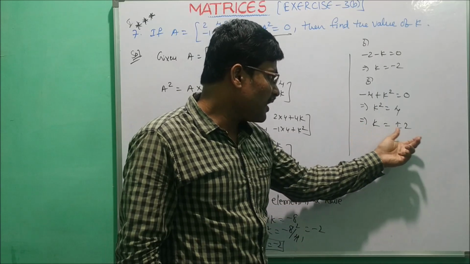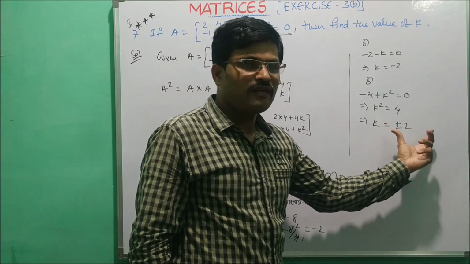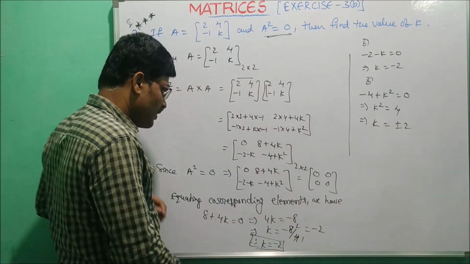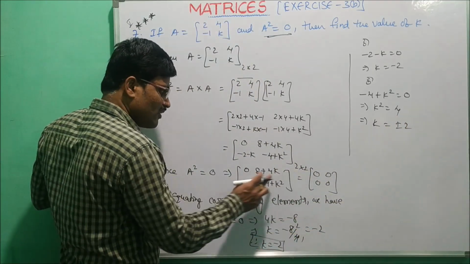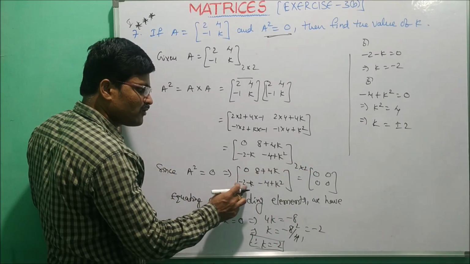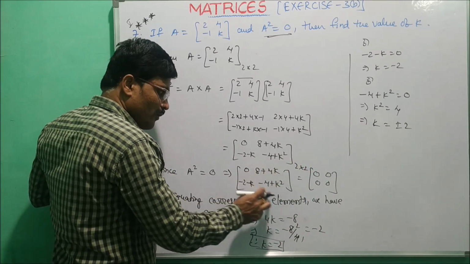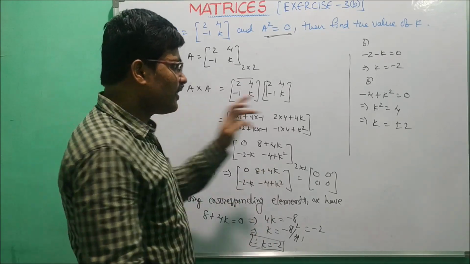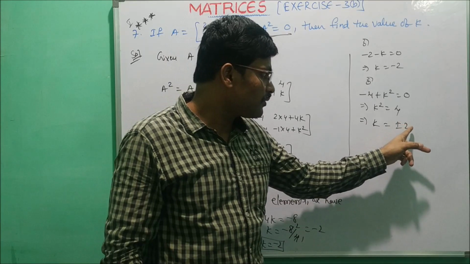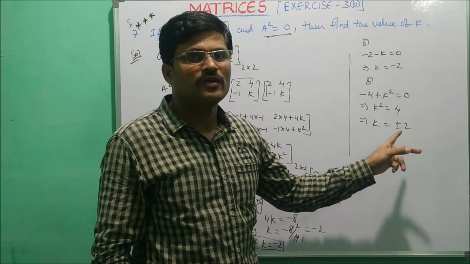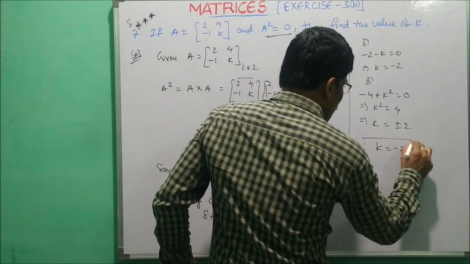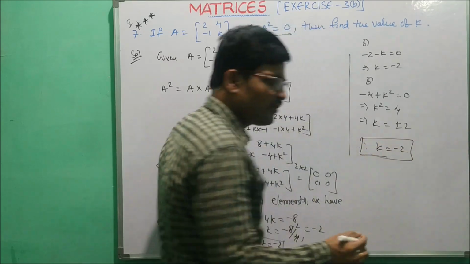Here k has two values, but we take only the negative value. Compulsorily we check these two cases, 8 plus 4k equals 0 and minus 2 minus k equals 0. If we take that condition, k has two values, positive 2 and negative 2, but only the value k equals minus 2 holds. So this is the solution for this question.